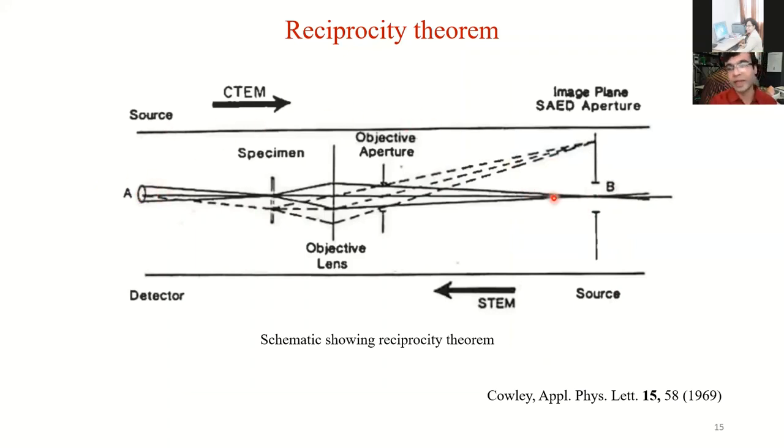You can bring the electron source here and have the detector here. So STEM is the same thing as making conventional TEM upside down. This is what the reciprocity theorem means. In this way you have broad beam TEM, and in this way you have STEM.